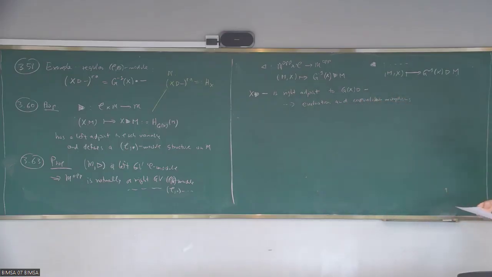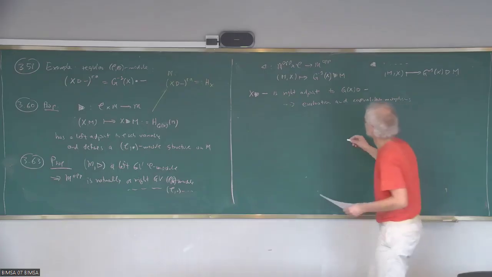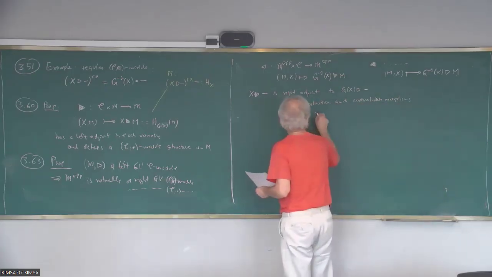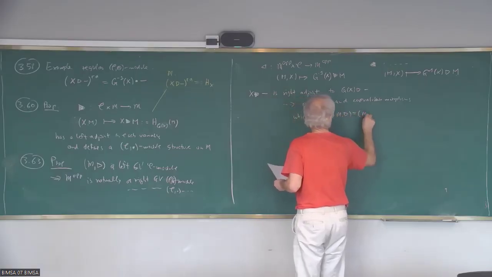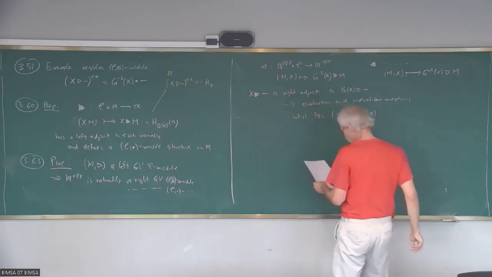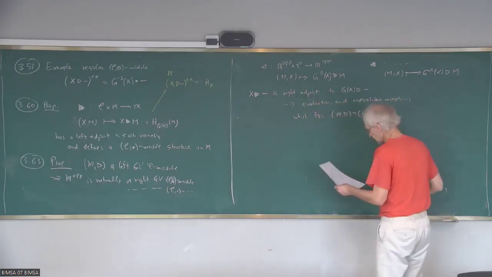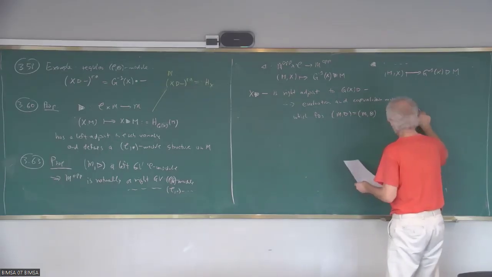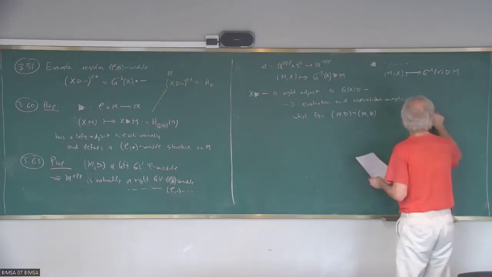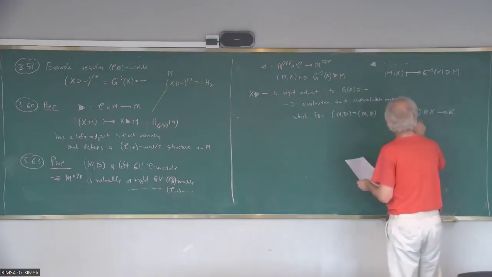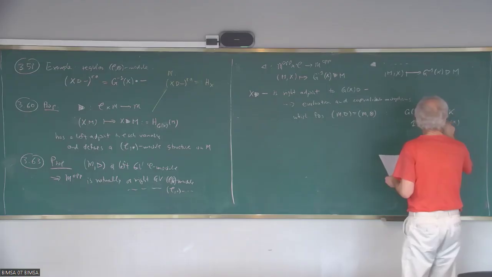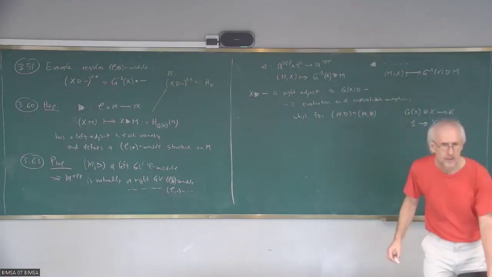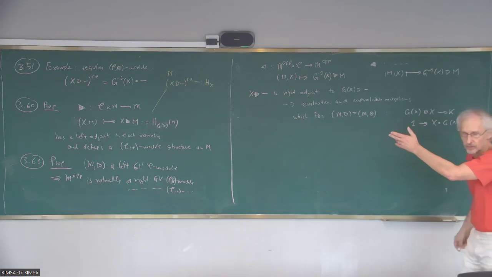Of which, when specialized to the case of the regular module category, give morphisms G of X tensor X to K, and 1 to X block G of X. And this fits with what I said before about these isomorphisms.